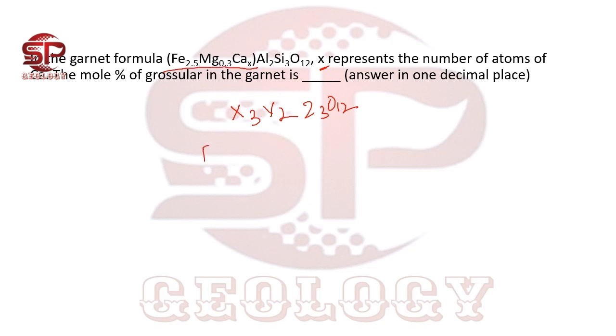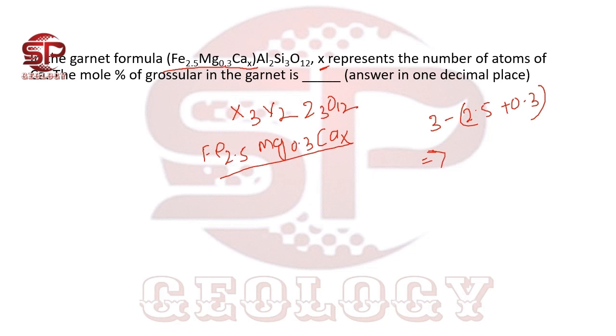Here it is given Fe 2.5, and in the X place I am writing Mg 0.3 and CaX. So Ca will be 3 minus (2.5 plus 0.3), so it will be 0.2.